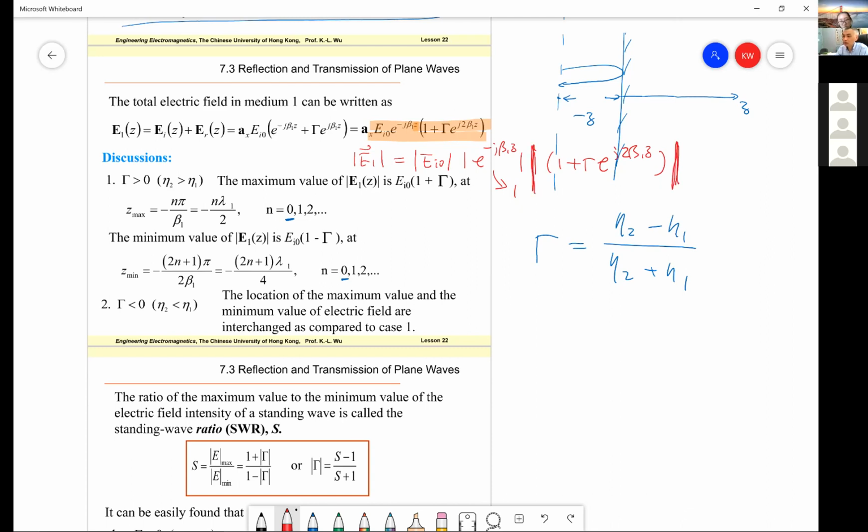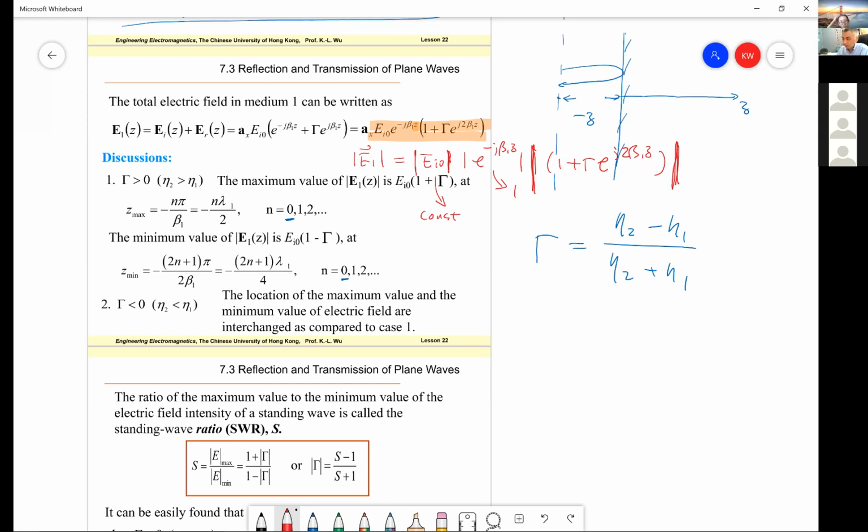Because the first term doesn't change, this term is constant, okay? This is also constant. So we only need to look at how the magnitude changes with the distance, right?